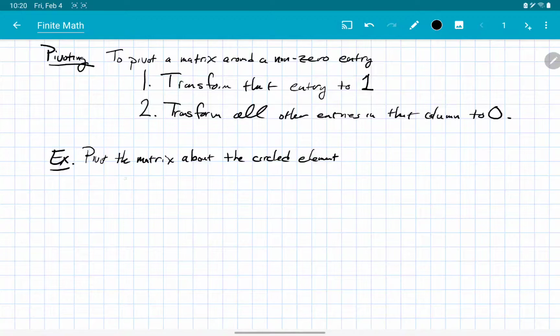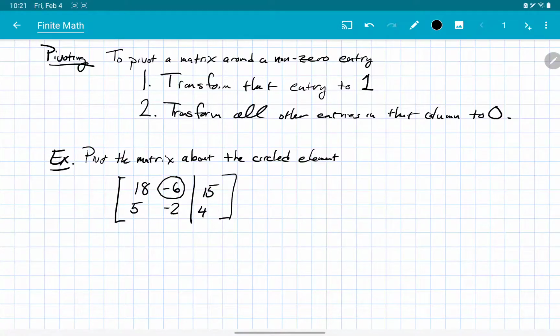And let me draw the augmented matrix for this system here. 18, -6, 15, 5, -2, 4. And the entry they want us to pivot around is the -6.